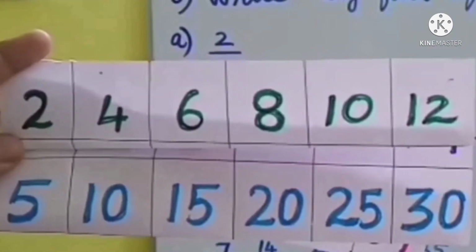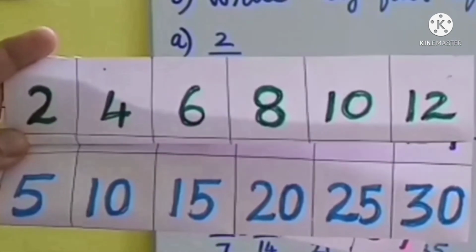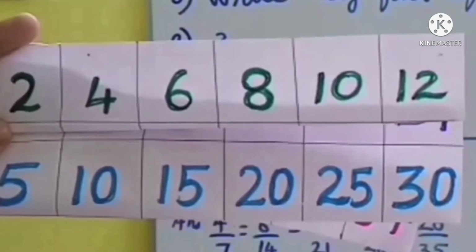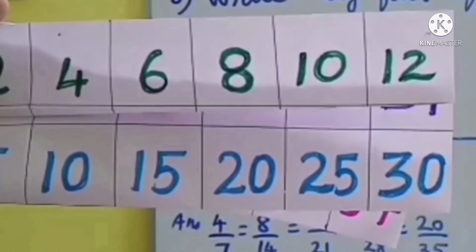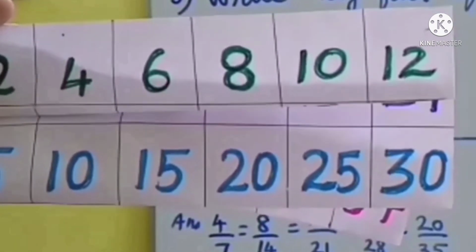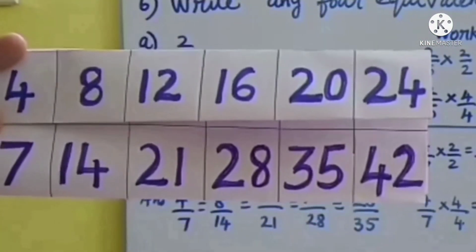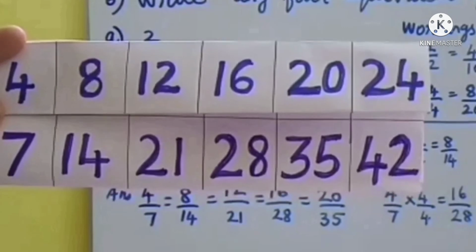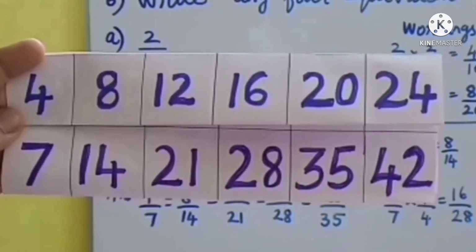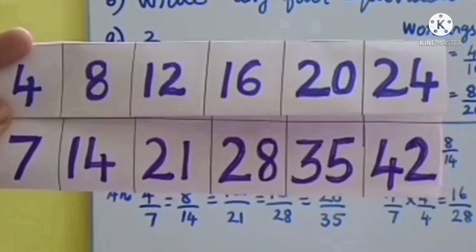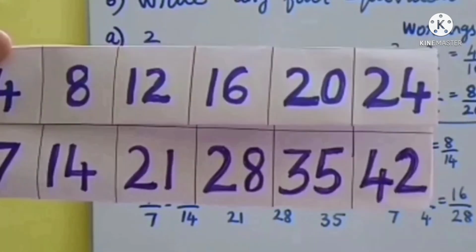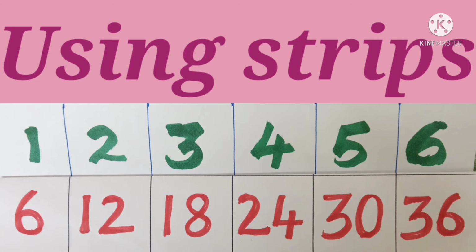2 by 5 is equal to 4 by 10 is equal to 6 by 15 is equal to 8 by 20 is equal to 10 by 25 is equal to 12 by 30. The second question is 4 by 7: 4 by 7, 8 by 14, 12 by 21, 16 by 28, 20 by 35 and 24 by 42. 1 by 6: 1 by 6, 2 by 12, 3 by 18, 4 by 24, 5 by 30, 6 by 36.